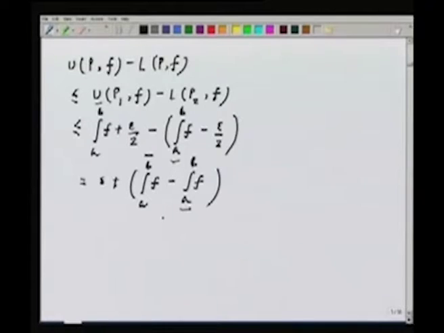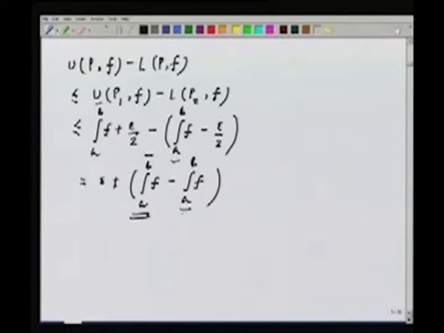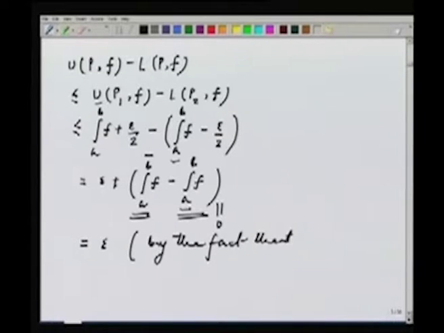Now notice that f is Riemann integrable. It means that the lower Riemann sum is same as the upper Riemann sum. That means this first quantity is same as the second quantity. That means the portion in the bracket is actually equals to 0. That means this is equals to epsilon, by the fact that f belongs to R[a,b].